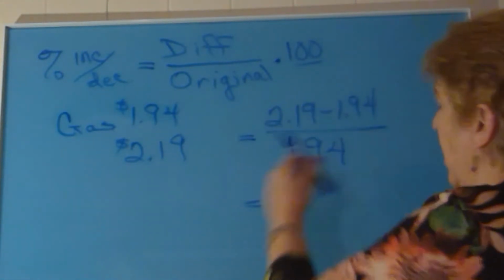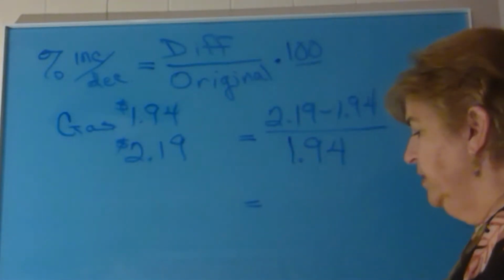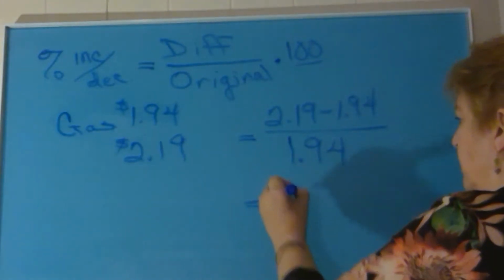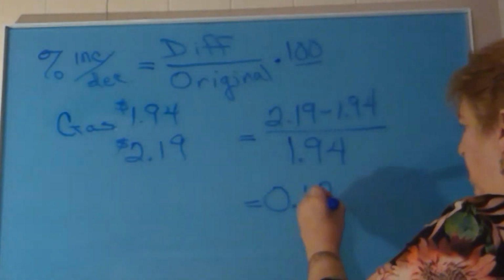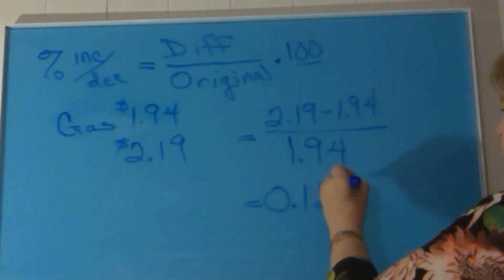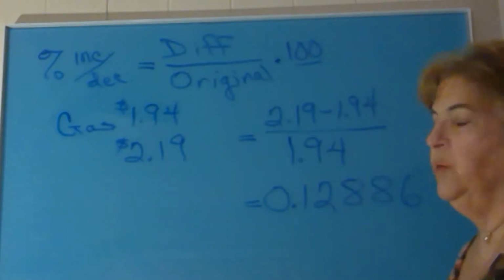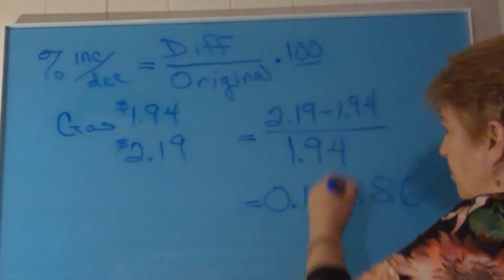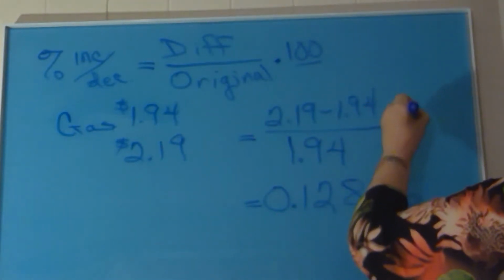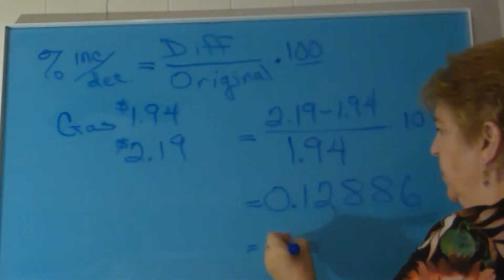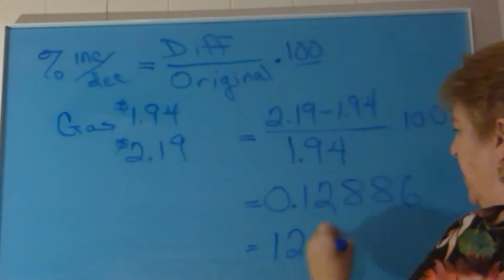219 minus 194 divided by 194, you get 0.12886. Now to change that to a percent, you multiply by 100, which simply means you move the decimal point, and you would get 12.886.